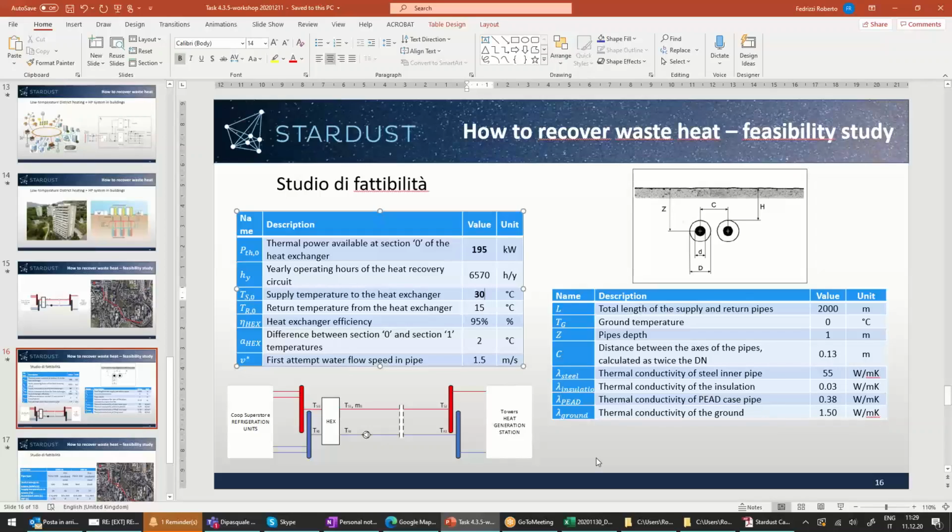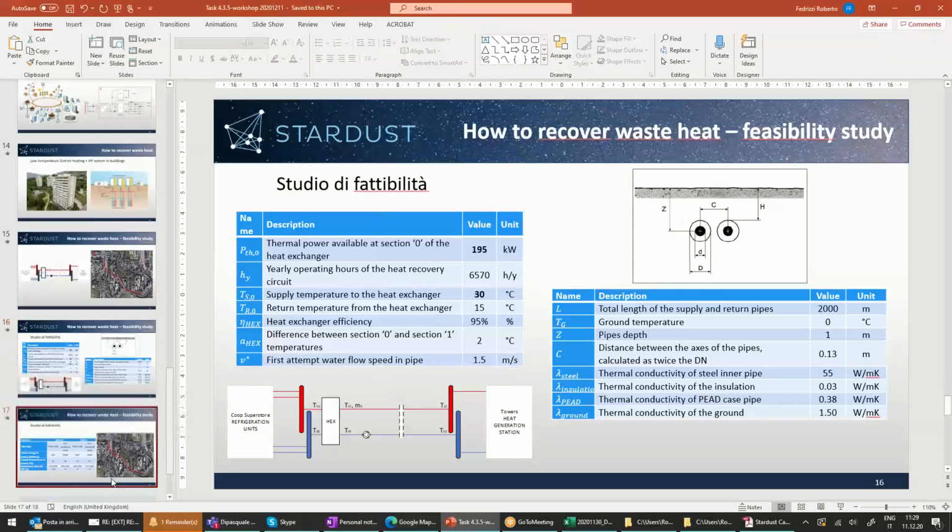And what we have done is to consider if we can distribute this either with insulated pipelines, like in a conventional district heating, or if we can use, say, non-insulated pipelines, plastic polyethylene pipelines, like the ones that you use for cold water distribution, just for you to understand.